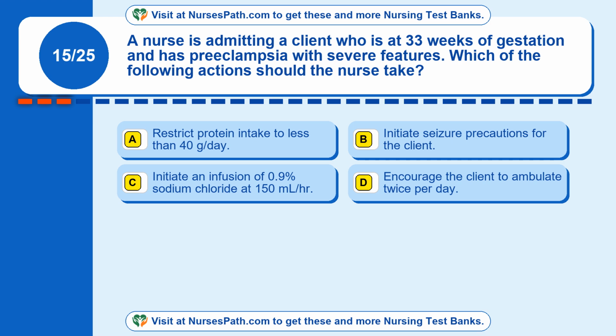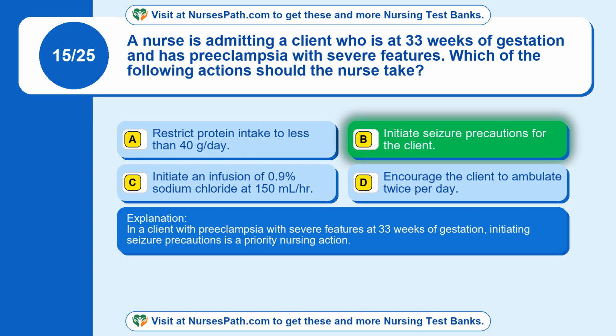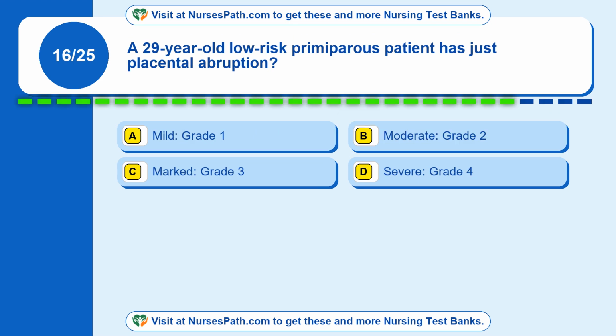Option D. Encourage the client to ambulate twice per day. The correct answer is option B. Initiate seizure precautions for the client. In a client with preeclampsia with severe features at 33 weeks of gestation, initiating seizure precautions is a priority nursing action.